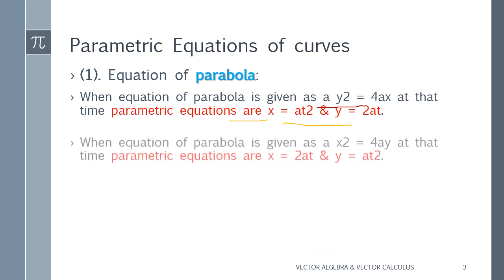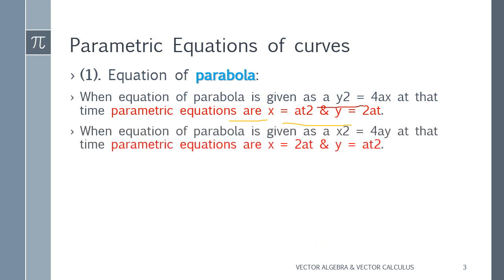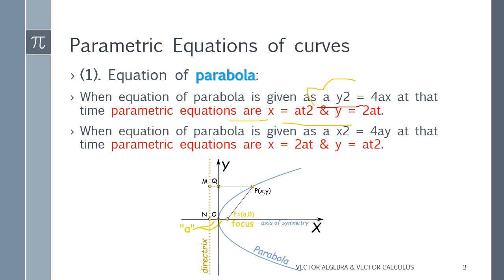Same for the next one, when the equation of the parabola is given as x square equals 4ay. The first one was for y square equals 4ax, and now it is x square equals 4ay. At that time the parametric equations will be x equals 2at and y equals at square. So it will change now. But your main equation is y square equals 4ax only.